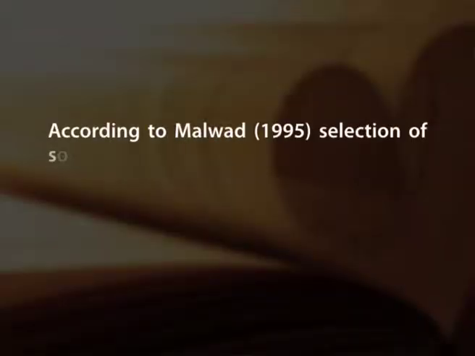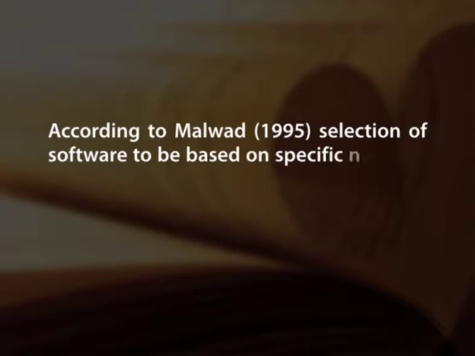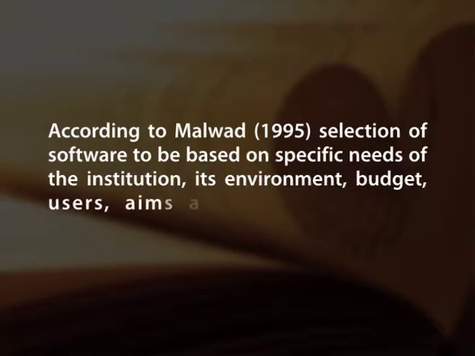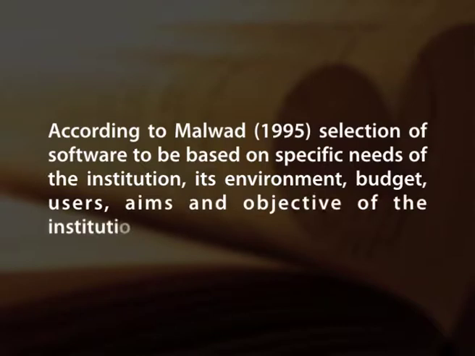Rowley, 1993, suggested factors like cost, history of originator, supplier, service support, maintenance, and technical considerations. According to Malvad, 1995, selection of software should be based on specific needs of the institution, its environment, budget, users, and aims and objectives of the institution.